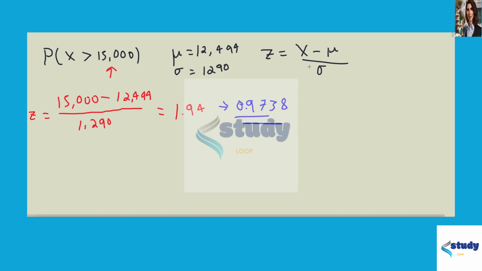Okay. Now we're going to rewrite this in terms of the z value, because that's what we have here, and then input the probability to get our final answer.